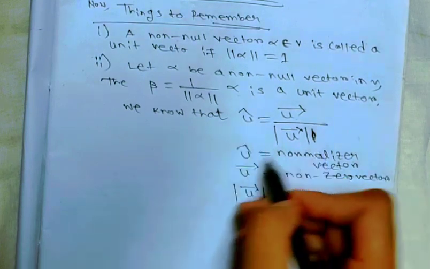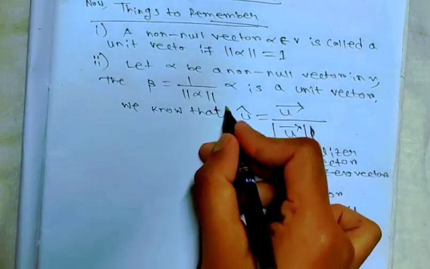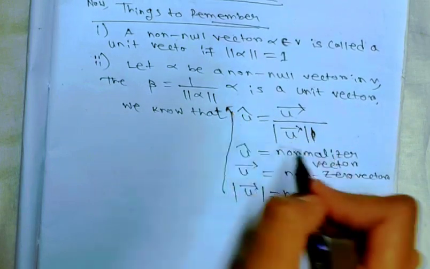So similarly we replace magnitude of u by the norm function.